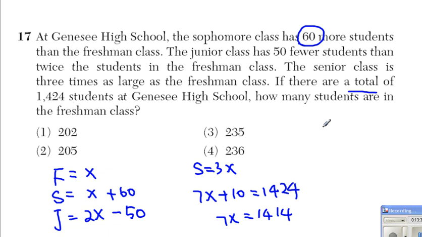Now this becomes x. By dividing by 7 on each side, we get 202. The question is, how many students are in the freshman class? 202 students. So therefore, number 1 will be the correct answer. So this is the end of part 1. We'll continue in part 2.